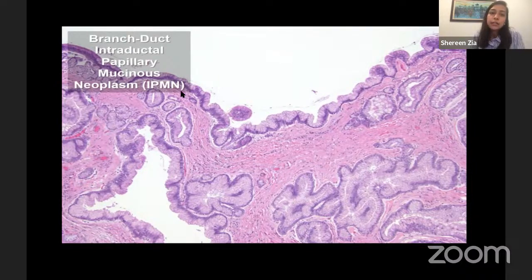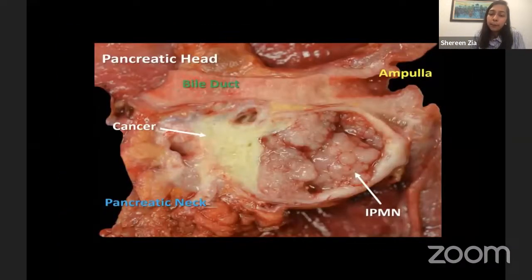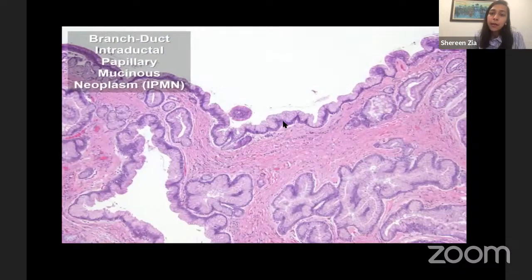So this is the branch duct IPMN, and they are more so mucinous epithelium in a flat kind of lesion, and they're still low grade in this example, as the nuclei are pretty much maintaining their basally oriented appearance, and they're not losing their polarity, or they're not architecturally or cytologically very atypical.